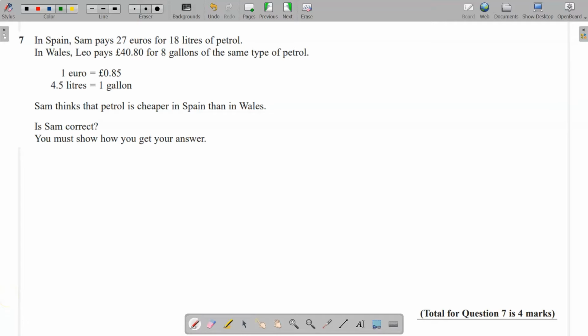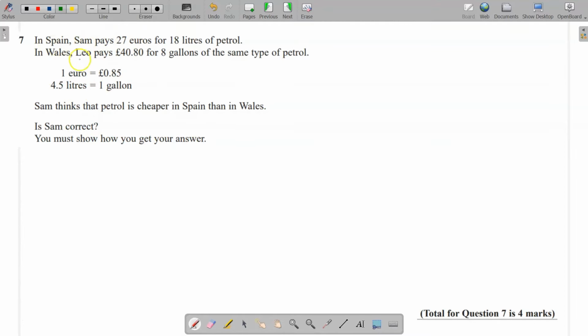Okay, this question is one of those comparison questions where you've got to compare, in this case, the cost per litre or the cost per gallon of fuel in 2 different countries and then state which is cheapest. Let's start with Spain. There's lots of different ways you could make this comparison.